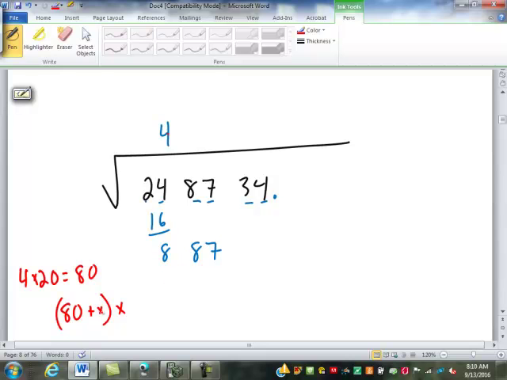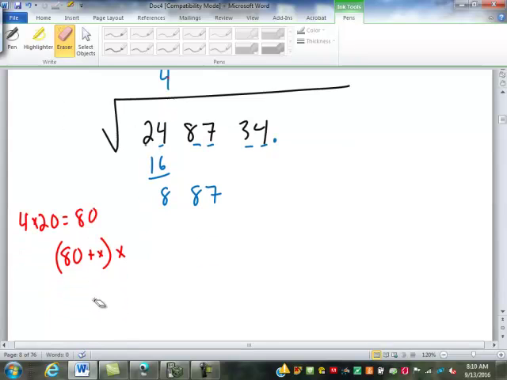So if x is 1, this is 81 times 1, which would be 81. Well, that's obviously smaller than 800. So it's going to be bigger than 1. So I'm just going to put in numbers and try it. So if x were 5, this would be 85 times 5, which is 425. So that's too small.